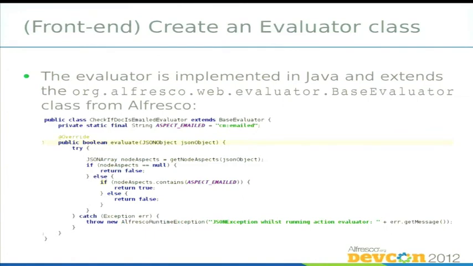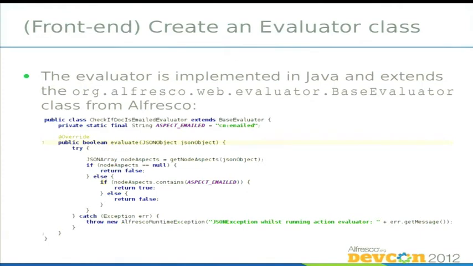Now, evaluators are implemented in Java, and you basically extend the base evaluator in the Share world. So it's something that goes into the Share jar extension. So in your IDE, when you want to find this class, you actually need to bring in the Share war.